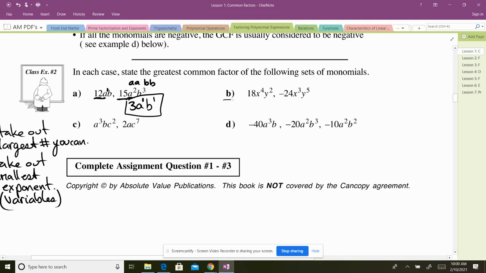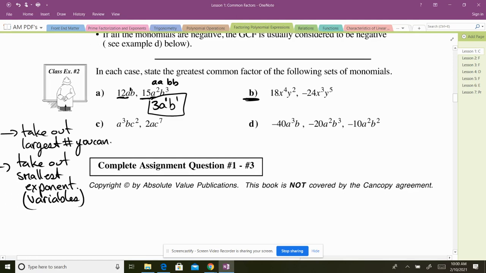I'll wait till you copy that down, actually. That doesn't totally make sense right now, especially the exponent thing, but when we start practicing this, it'll start to make sense.